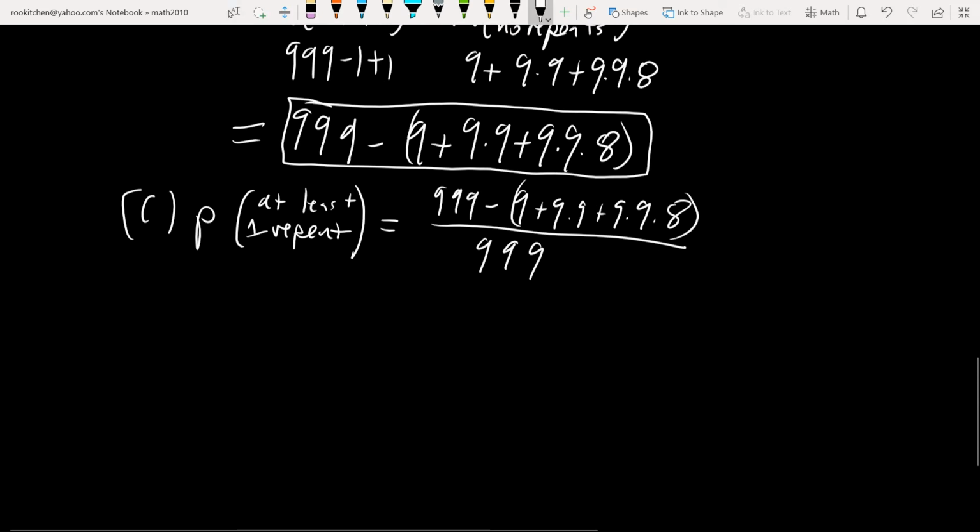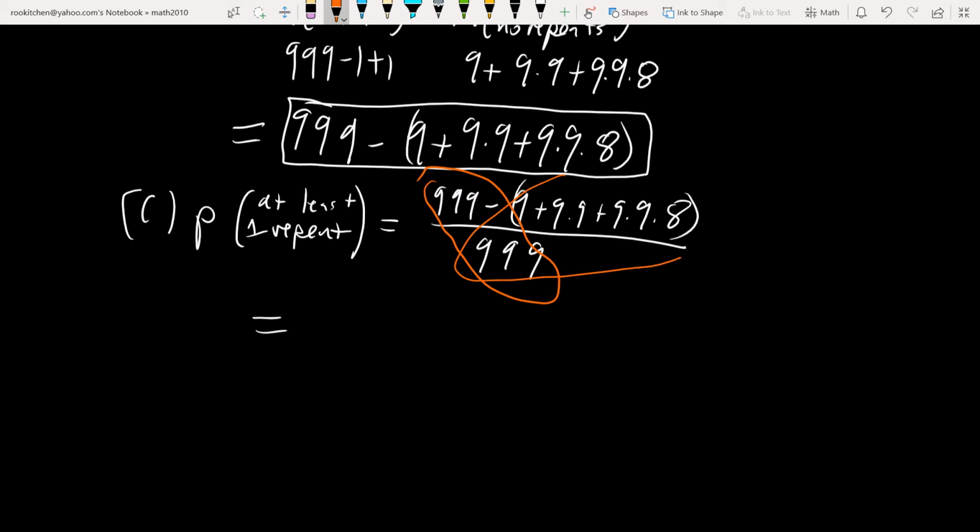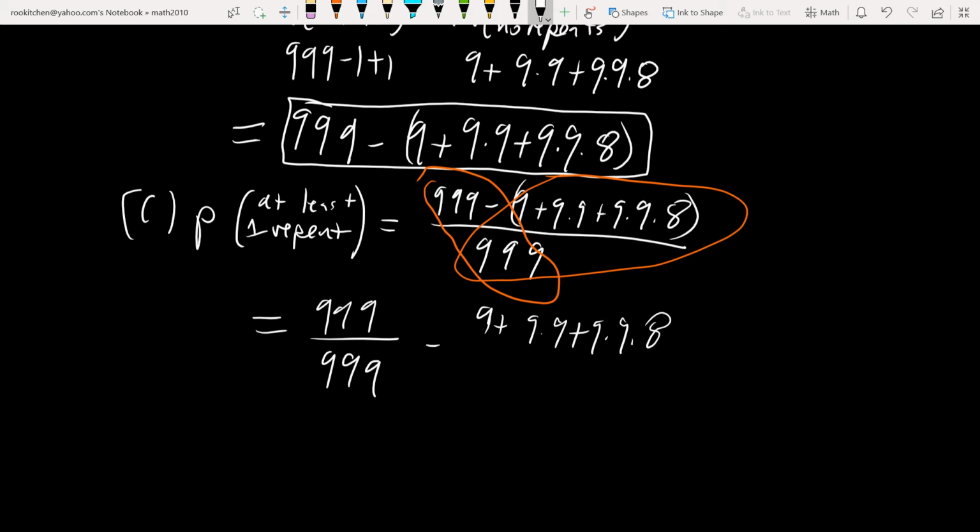One thing to note here is you could rewrite this, right? So the method to my madness, why didn't I just multiply those out? We can rewrite this as the difference of two fractions. The first fraction, 999 all over 999, minus this 9 plus 9 times 9 plus 9 times 9 times 8 all over 999.